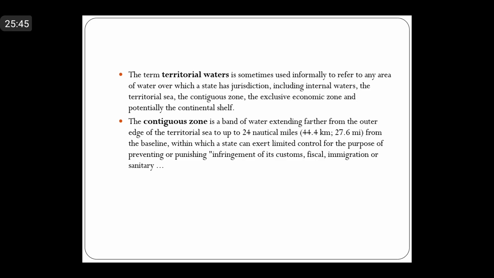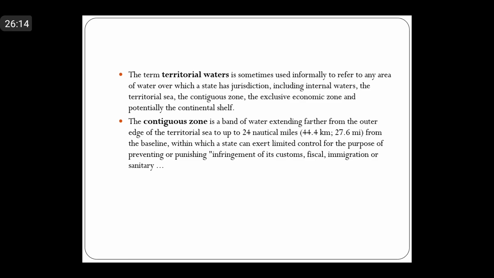Now, another one is the contiguous zone, that was shown with the help of which color? Yellow color. Contiguous zone is a band of water extending further from the outer edge of the territorial sea up to 12 nautical miles from the baseline, within which a state can exert limited control for the purpose of preventing or punishing.